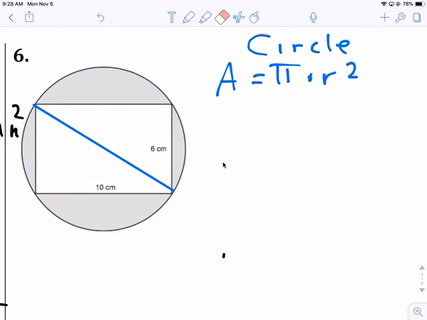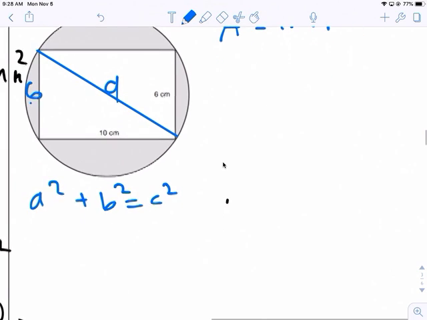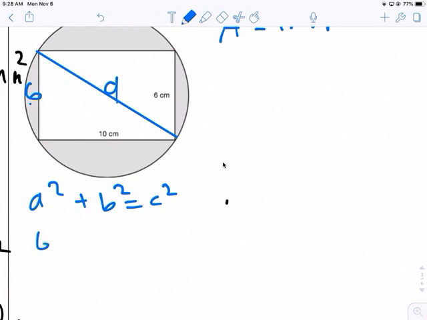So we need to do a squared plus b squared. Remember, this is 6. To find the diameter, a squared plus b squared equals c squared. 6 squared plus 10 squared equals diameter squared. We're finding the diameter right there.